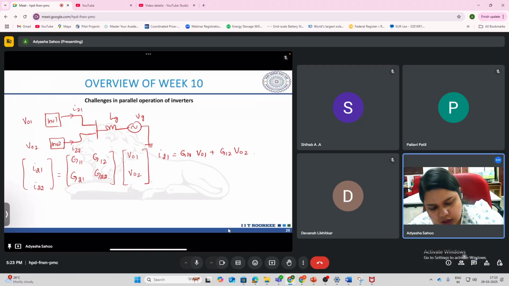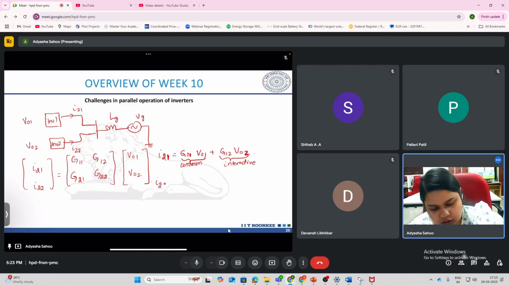This part is due to the voltage V01 in inverter 1. So this is the common part. But this part of the current is the interactive part, which is due to V02, that is, the voltage of inverter 2.